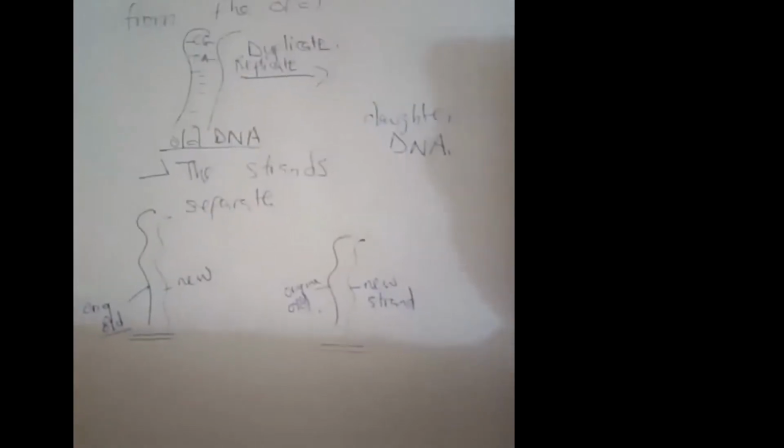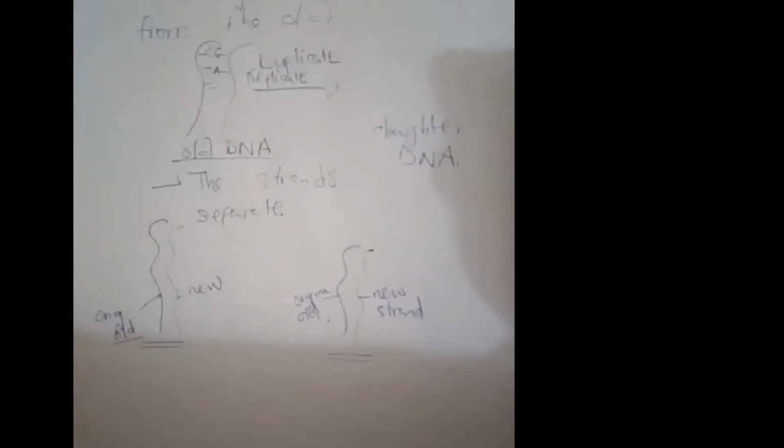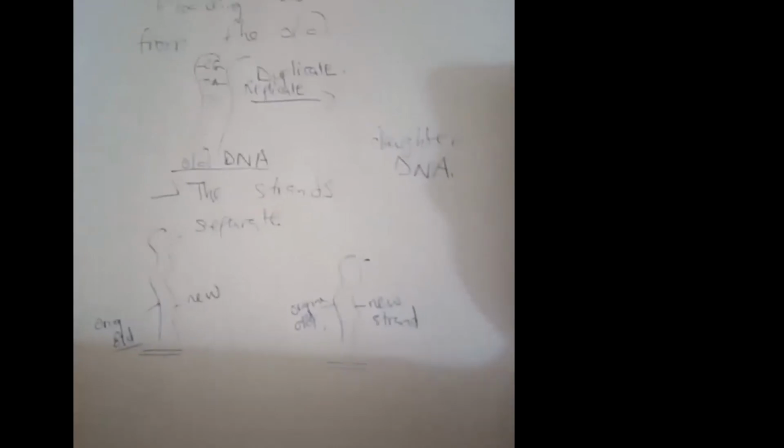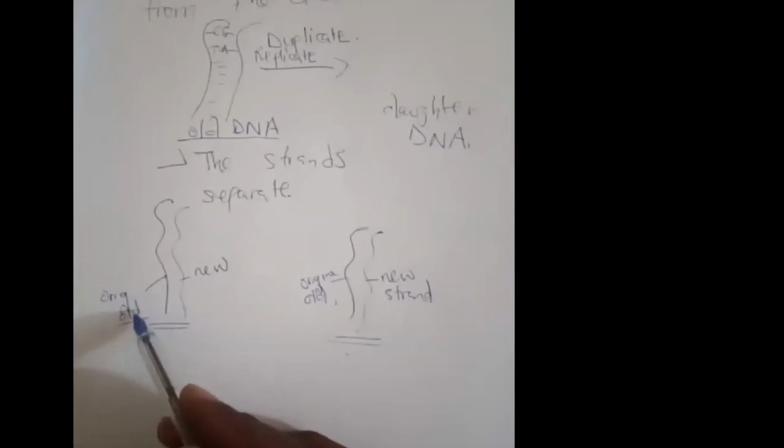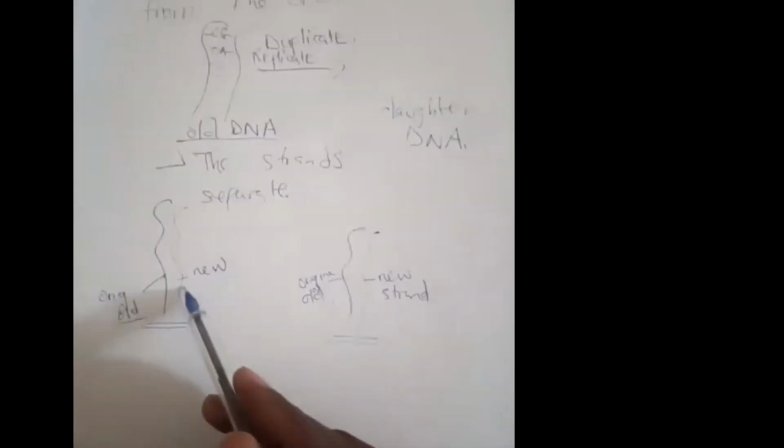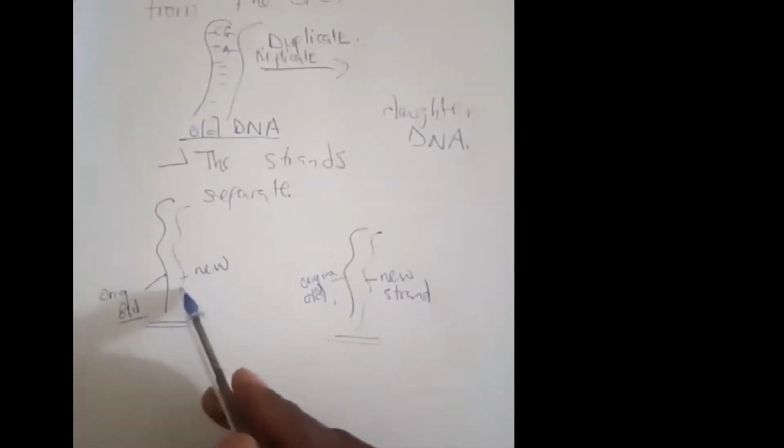And remember that we're talking about the semi-conservative mechanism of DNA duplication. What has happened is, in this daughter DNA molecule, there's preservation of the old strand. The old strand is still there, yet there's a new strand. Okay, so this is what they mean by semi-conservative.